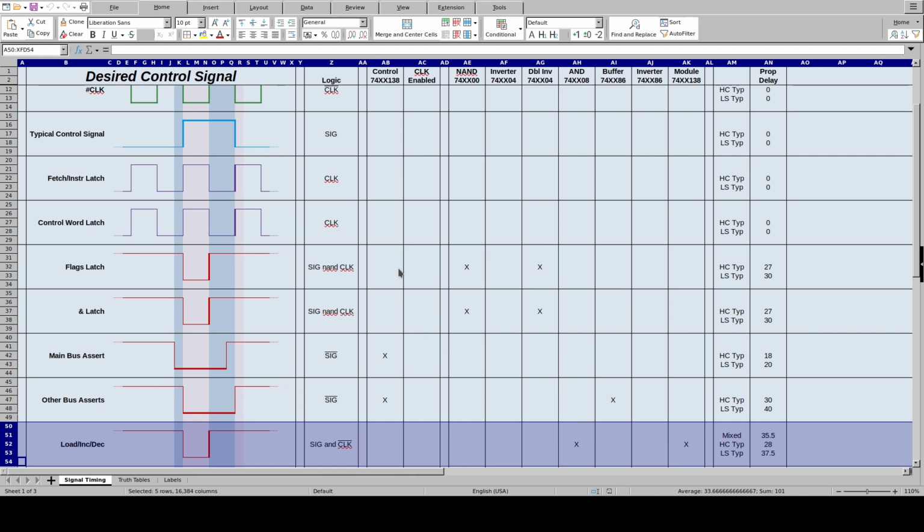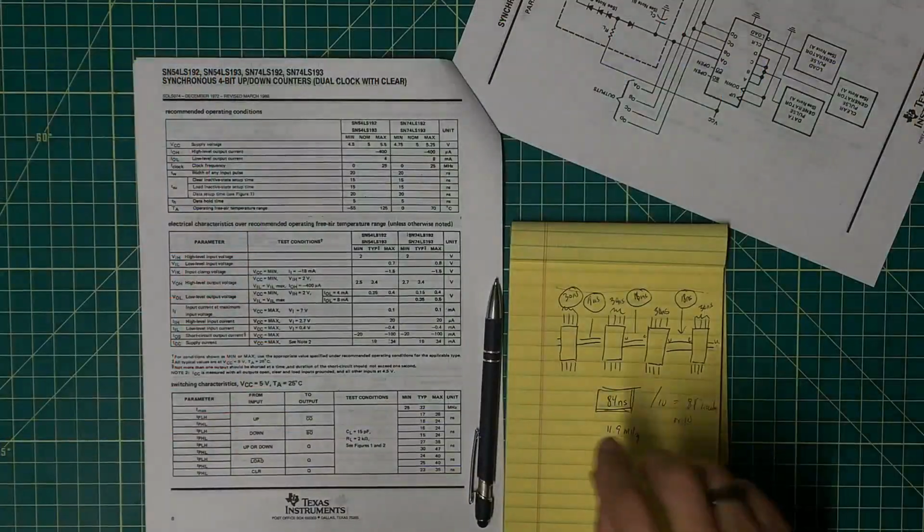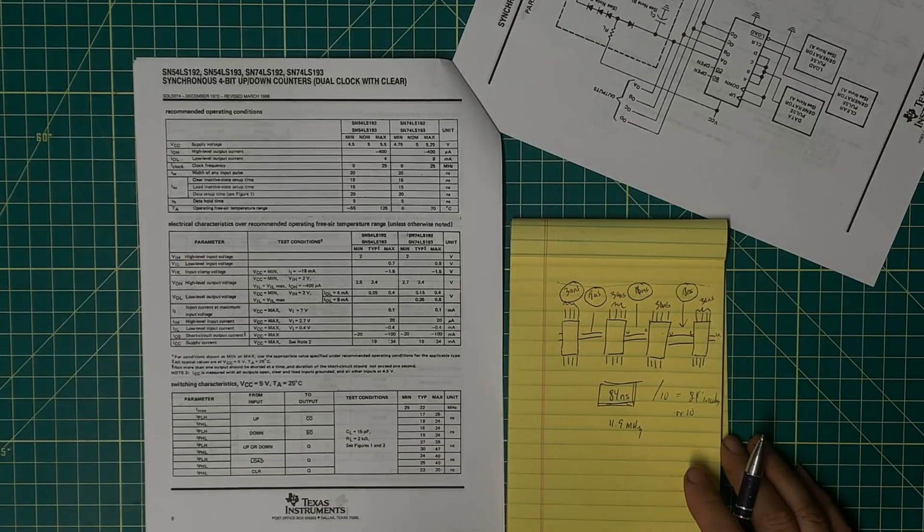I'm trying to think this through because this is material in the design of this CPU and its timing. All right, so let's say for a moment that I'm able to get the load increment and decrement to happen shortly after the rising edge of the clock, assuming that the bus is asserted in time. Ultimately, and there's that word I use again, I'll turn that into a drinking game.